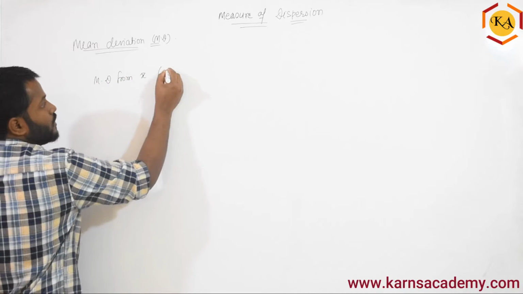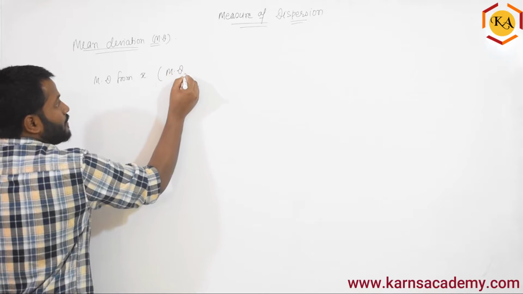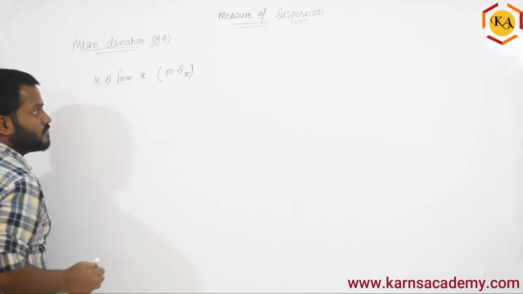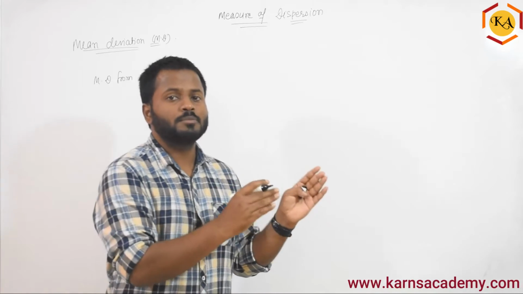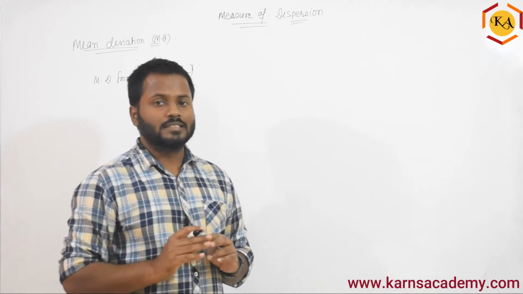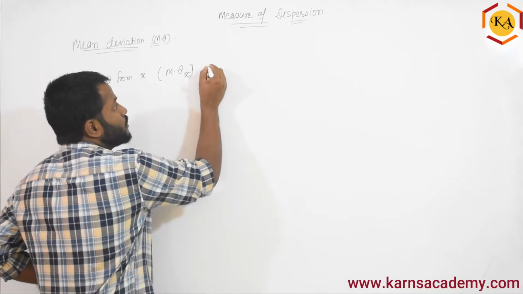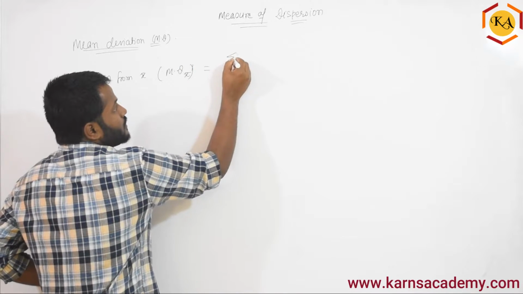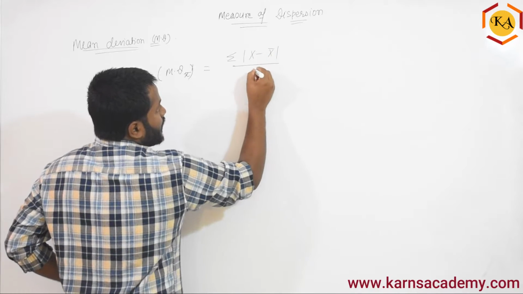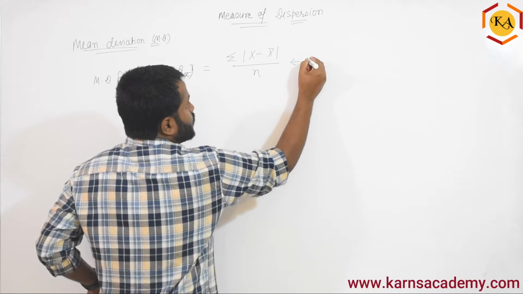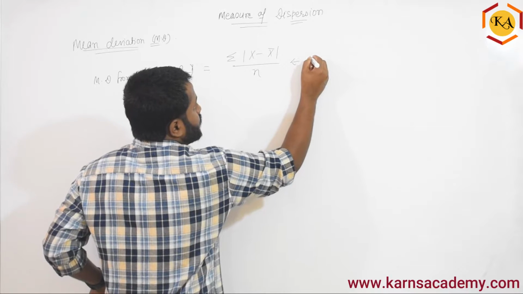Okay, so how do we denote this? We will write this mean deviation from mean. We will have two formulas. For ungrouped we will have a separate formula, and for grouped we will have a separate formula. So it is going to be summation of modulus x minus x bar, divided by n, and this is for ungrouped.